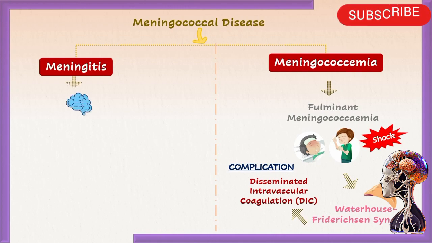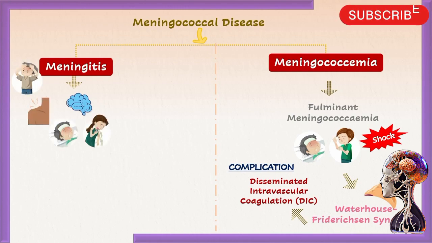While meningitis is an inflammation of the protective membranes covering the brain and spinal cord and has a sudden onset with intense headache, stiff neck, fever, vomiting, irritability, and lethargy.